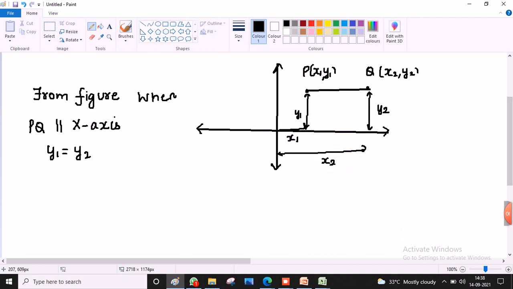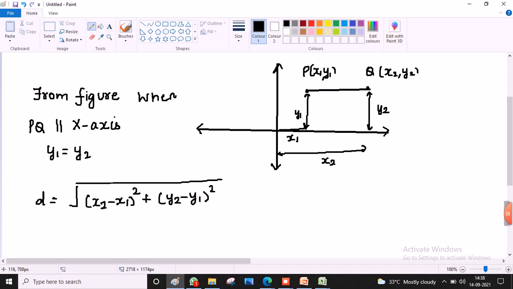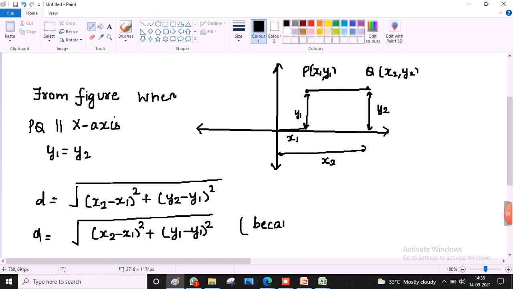So applying the distance formula, we get the square root of x2 minus x1 whole square plus y2 minus y1 whole square. Now as y2 is equal to y1, we'll put in the value. So we have x2 minus x1 whole square plus y1 minus y1 whole square, because y1 is equal to y2.